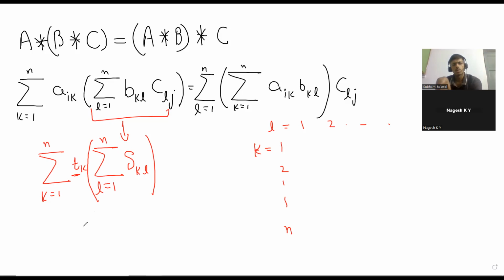But then L is also going from 1 to N. Now what you could do is fix the L, but there is a certain problem. Just a second.